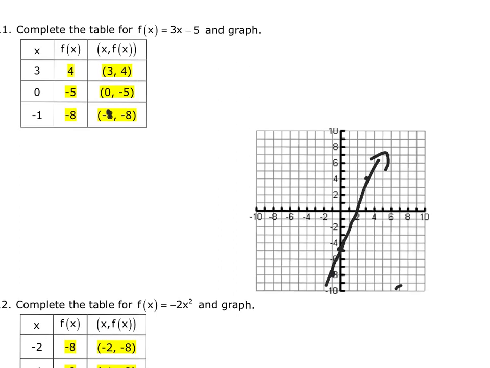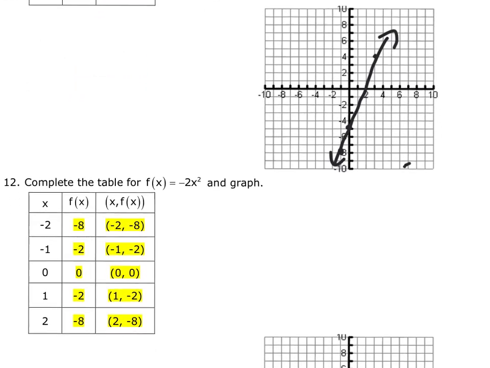Like I said, my iPad won't let me put a straight edge down there and draw the line, so you make sure you use a straight edge. And this is a linear graph. When you have no exponents or anything, it should make a nice straight line.